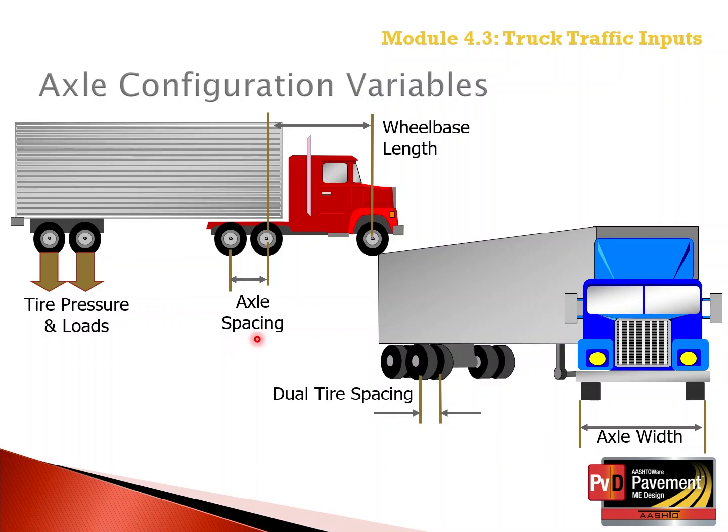These include the average axle width, the outside edge of the tires on opposite ends of the axle, the spacing between the axles, or the wheelbase, the spacing between the axles within an axle type, tandems, tridems, and quads, which is the axle spacing, the spacing between the duals, and then the tire pressure.